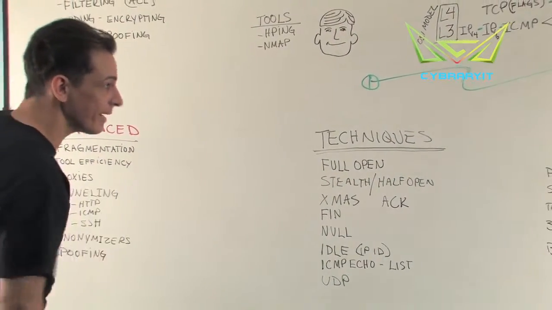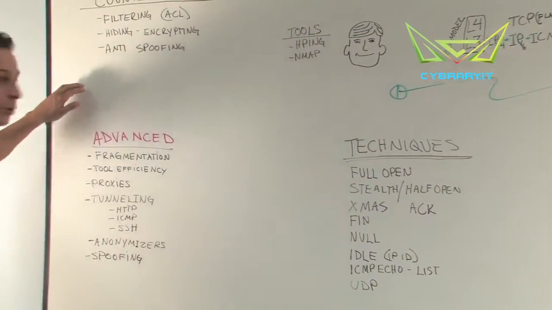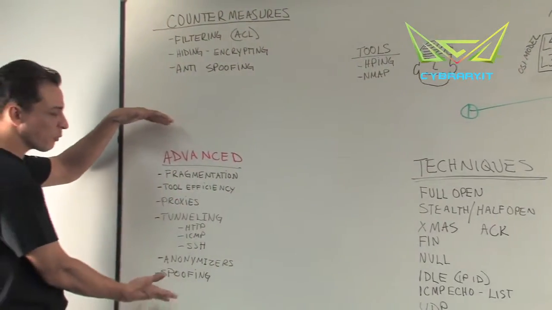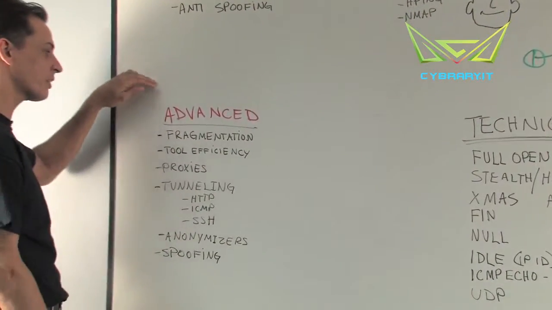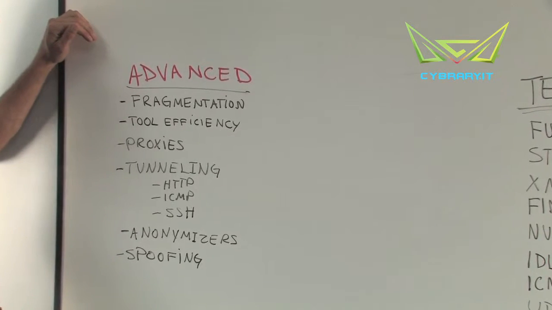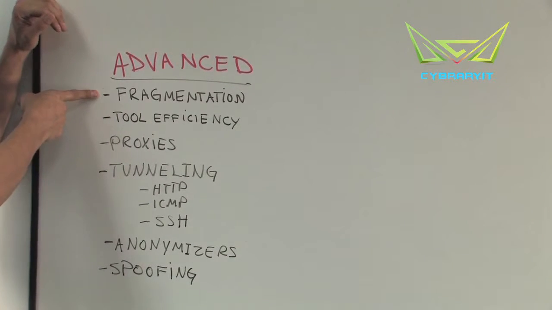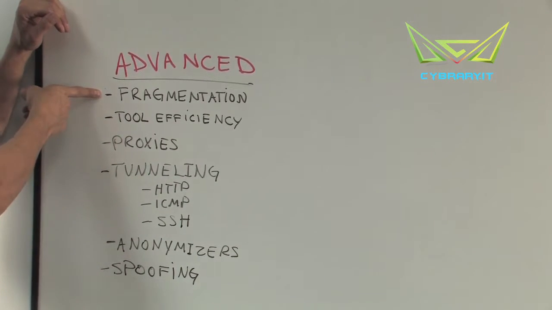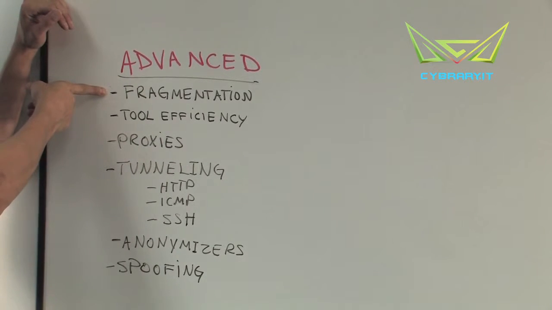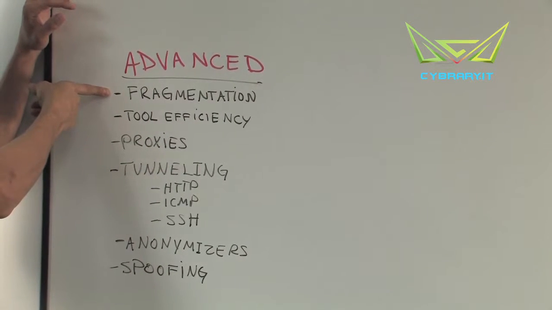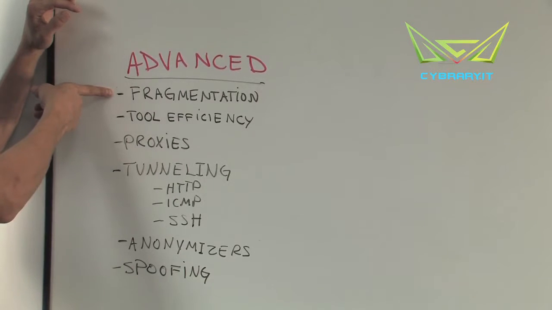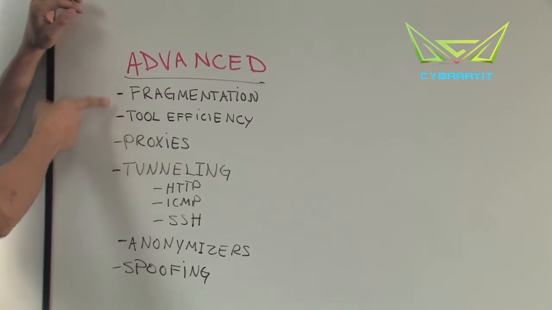We started off with the basics, looking for hosts, ports, and vulnerabilities. But realistically, when we get into the advanced techniques or the advanced concepts, this is where we start doing intrusion detection evasion while we're doing our scanning. We can use fragmentation to help throw off the intrusion detection signatures.